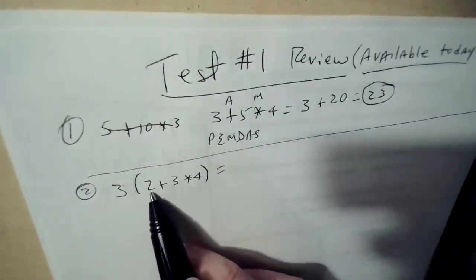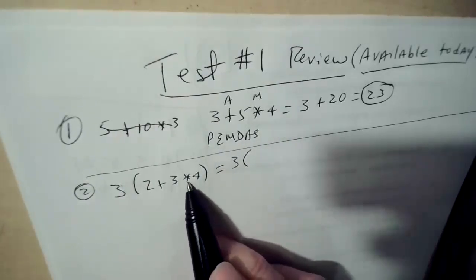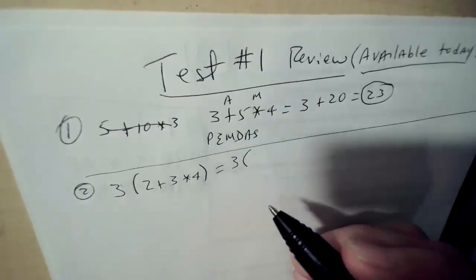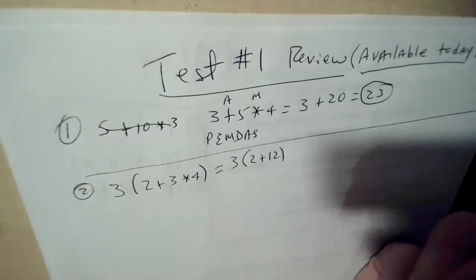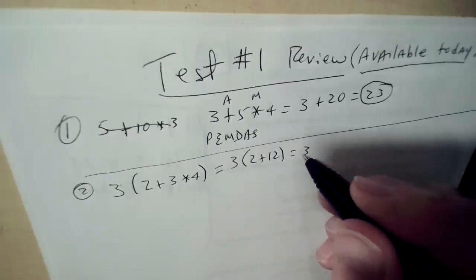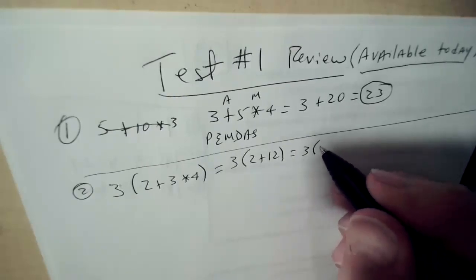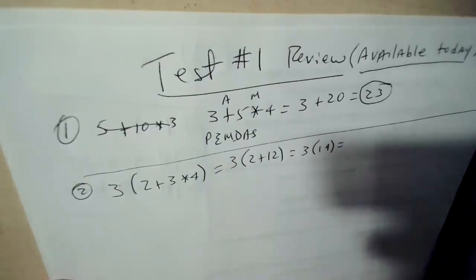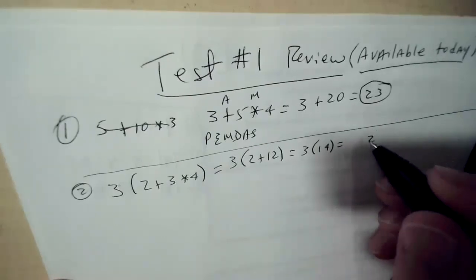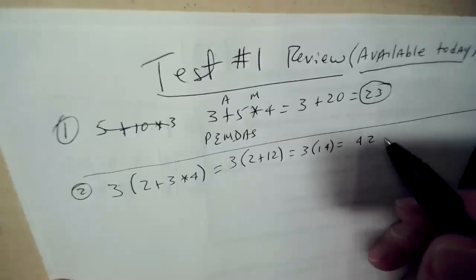This equals 3 times, open parenthesis, now we do multiplication first, and then the addition, so that's going to be 2 plus 12. Is that right? So that equals 3 times 14. 3 times 14, let's see, what's that? 12, 1, 42. Is that right?